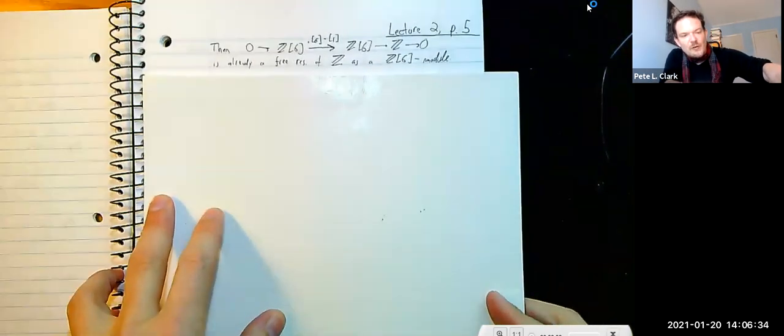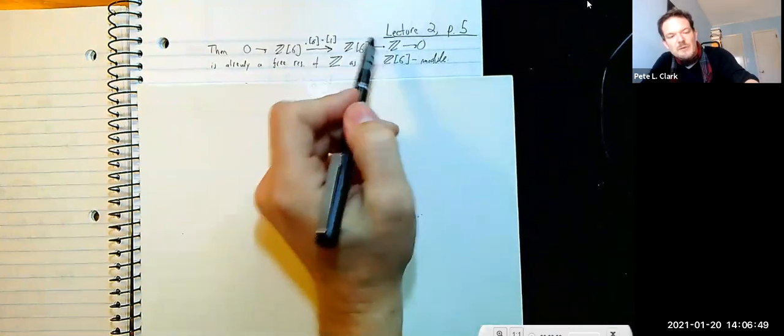So this map here is the usual augmentation homomorphism, where we take every g and send it to 1.